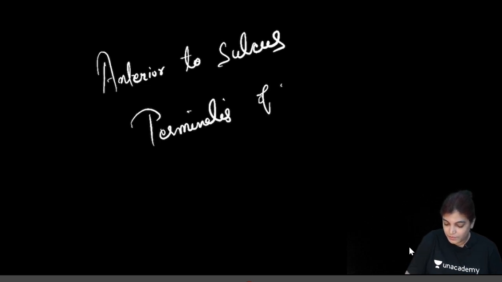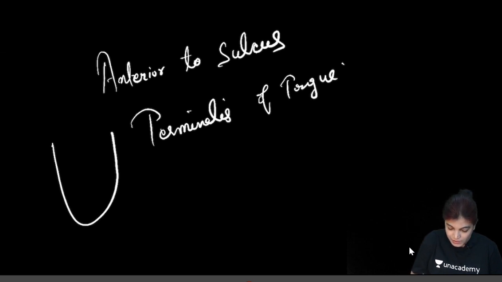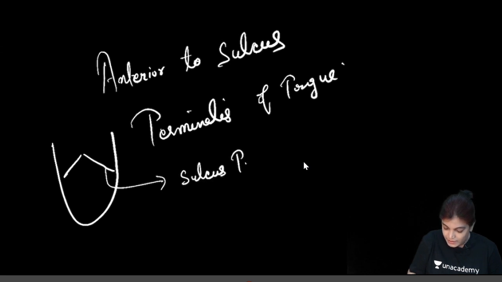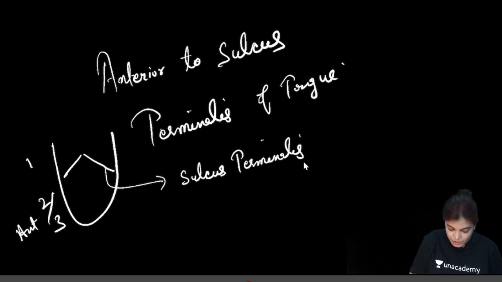In the tongue, there will be a triangular sulcus. This is the sulcus terminalis, which divides the tongue into two-thirds anterior and one-third posterior.